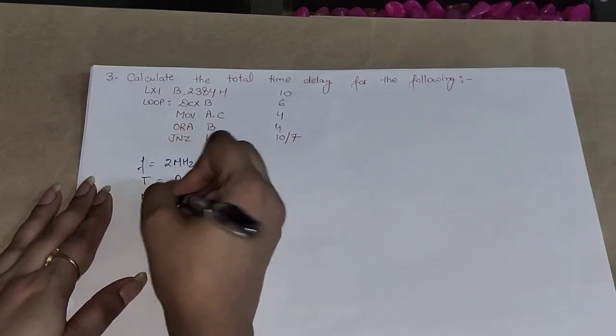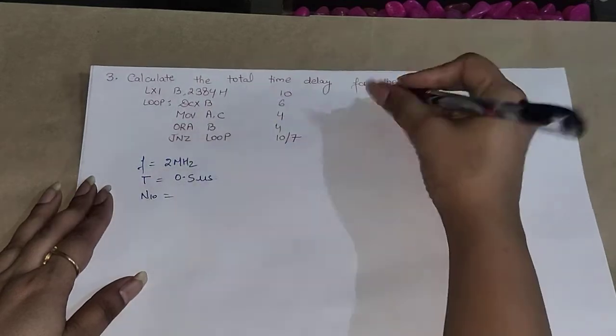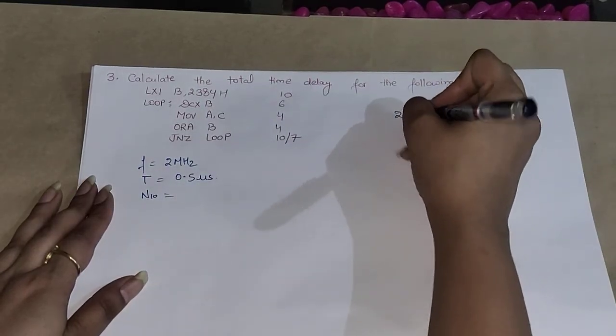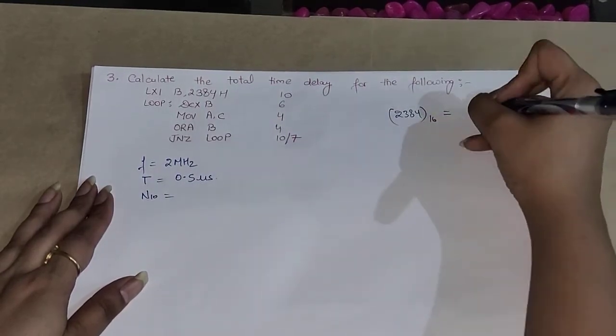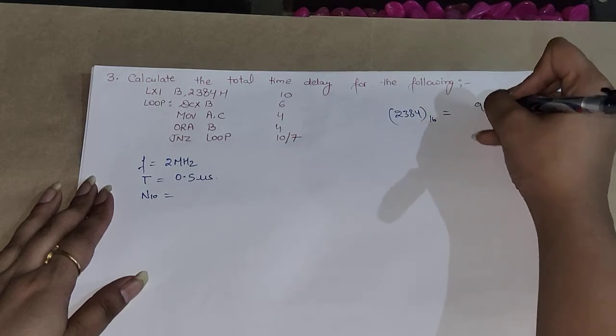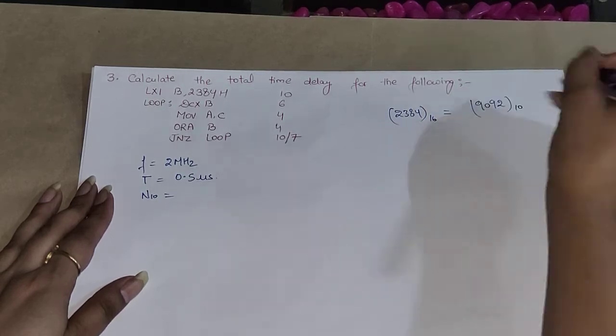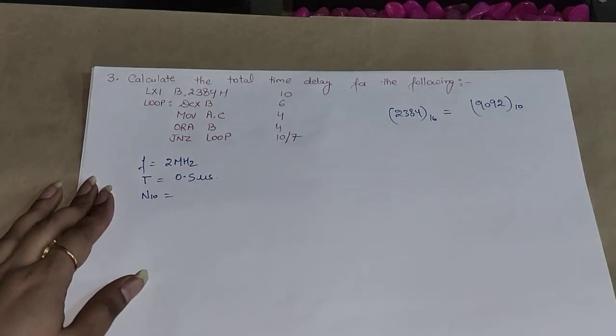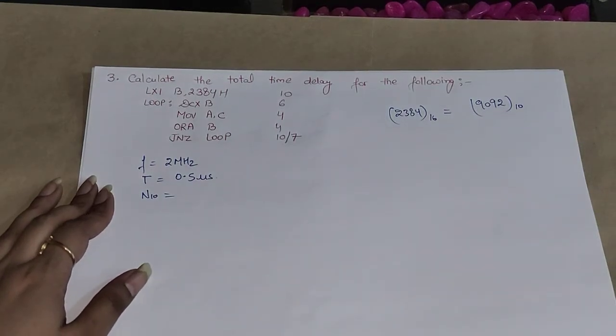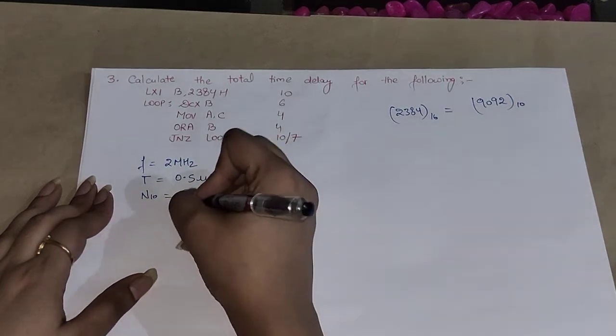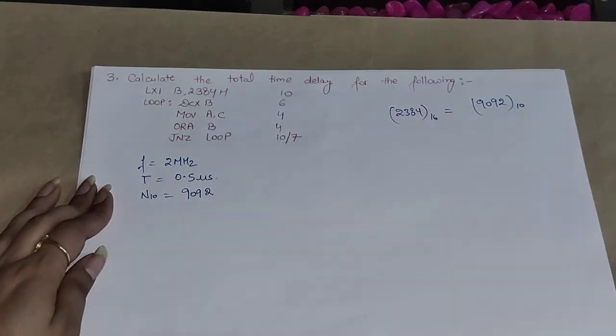N10 counter is 2384 in hexadecimal. This is equivalent to 9092 in decimal. You can convert this. So N10 is 9092. Clear?